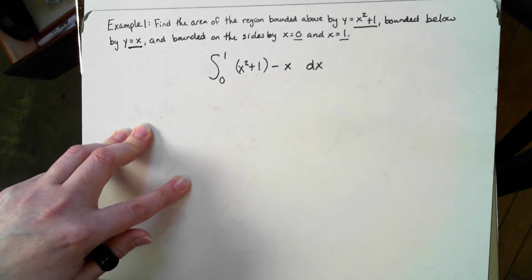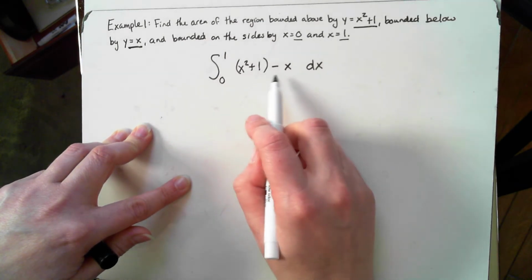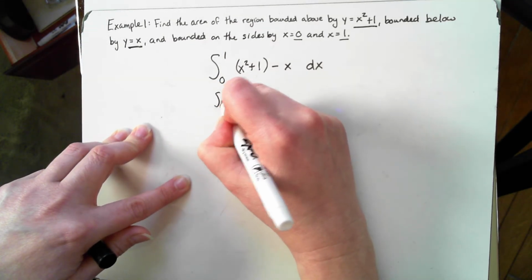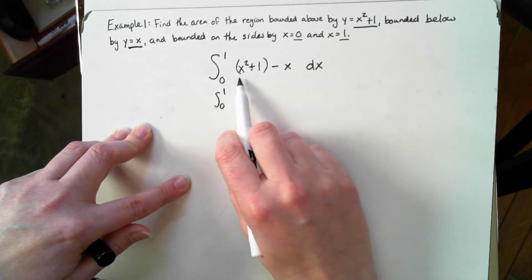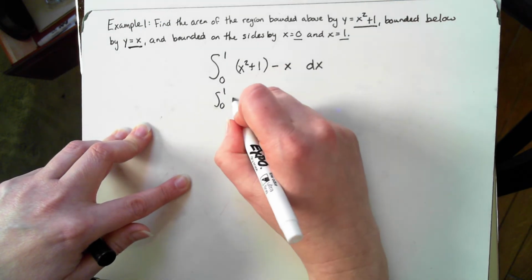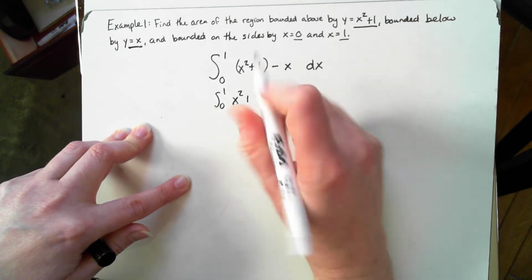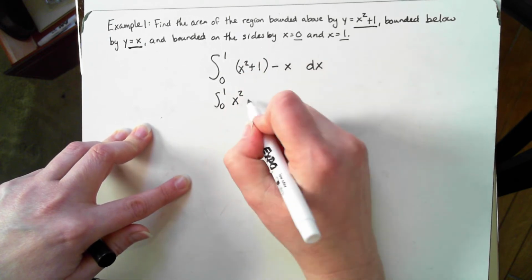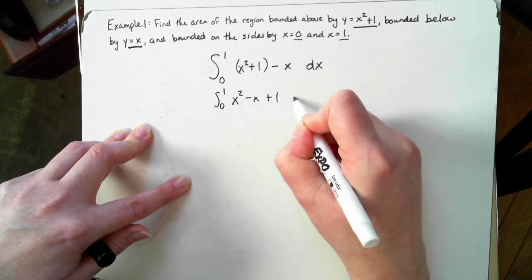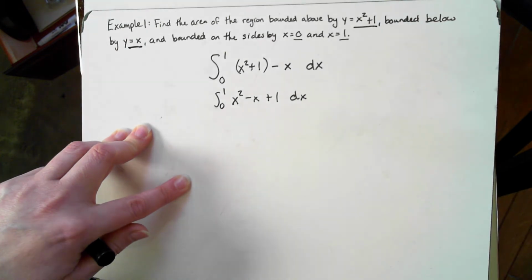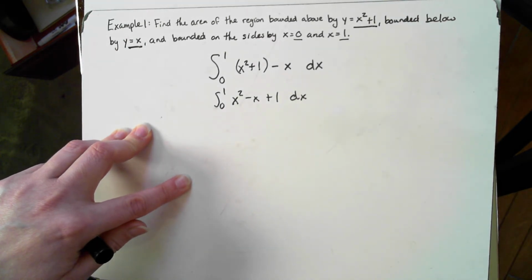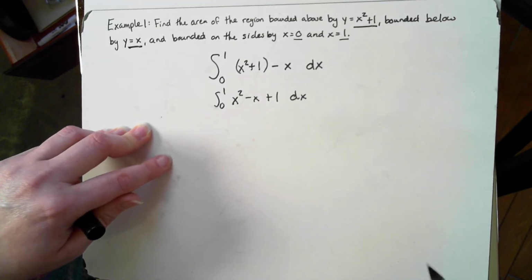Now, step 1 is to just simplify this as much as possible, which really there's not much I can do, but I can write it in the normal form for a quadratic. So I have x squared minus x plus 1 dx. Now this I can take the integral of. Sometimes you do need to simplify this a little bit more.